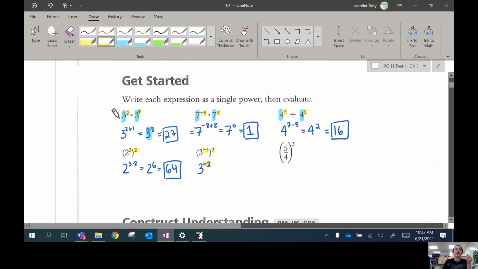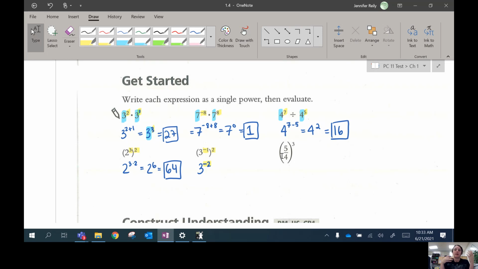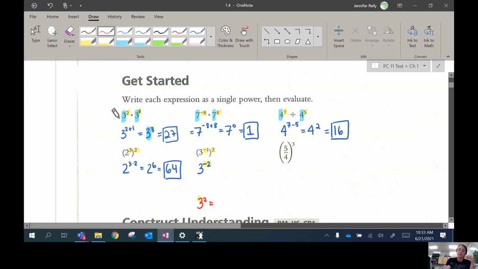In math, a negative sign doesn't always indicate a negative answer. What a negative sign typically indicates is that you want to do the opposite thing that you would do compared to the positive situation. So 3 squared, I'll just write this down here, means we multiply 3 twice. So it would be 9.